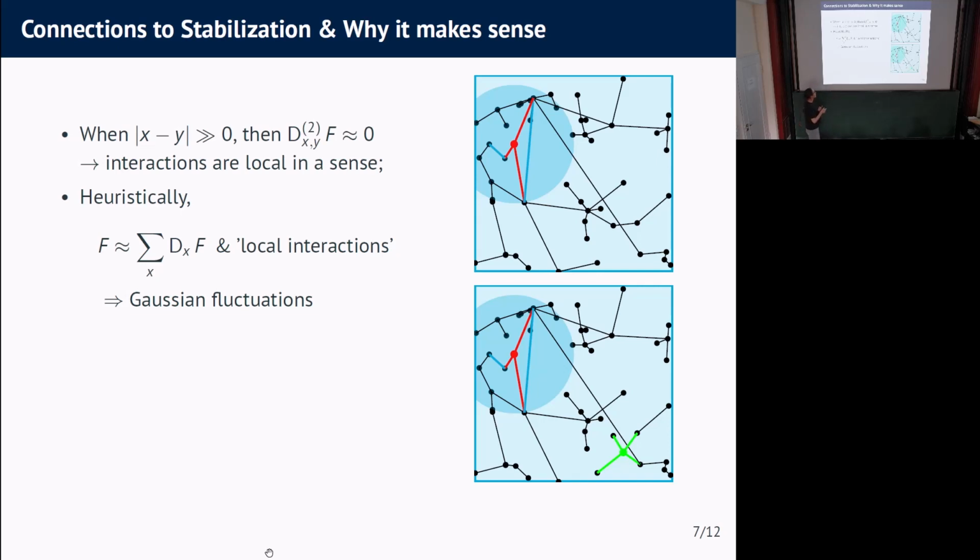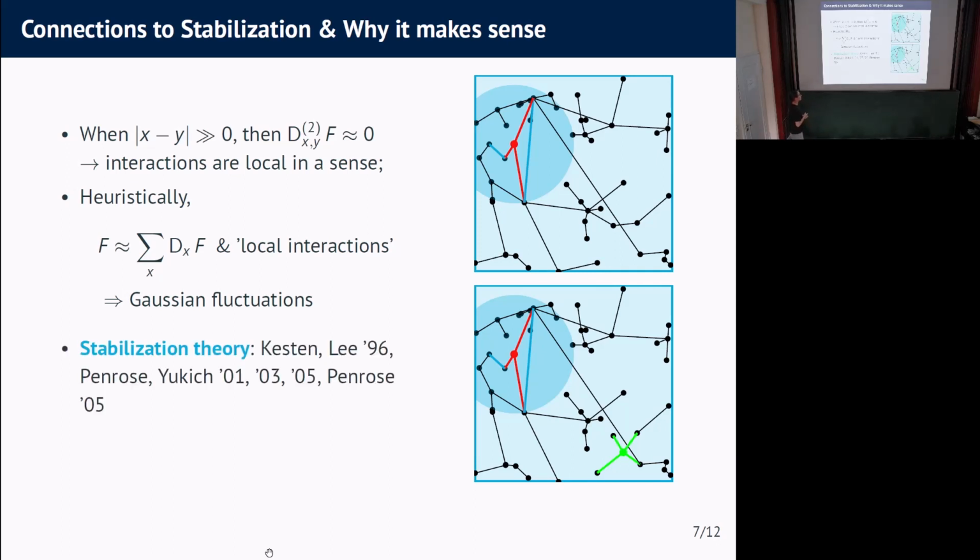And so if these terms here only have local interactions with their surroundings, then in some sense you have a sum of weakly dependent random variables which make up your function. And so you might expect that there is a central limit theorem. But you have to make this precise. This is sort of the heuristics of what's going on.